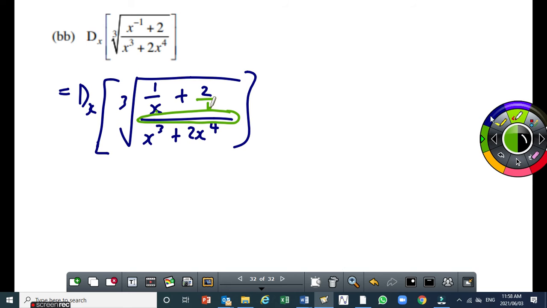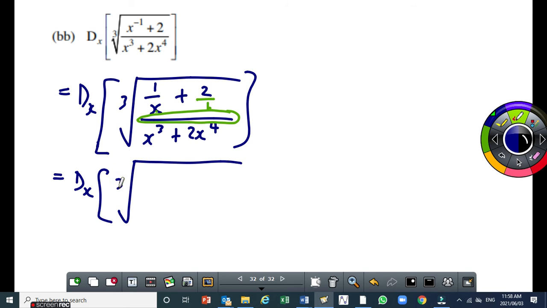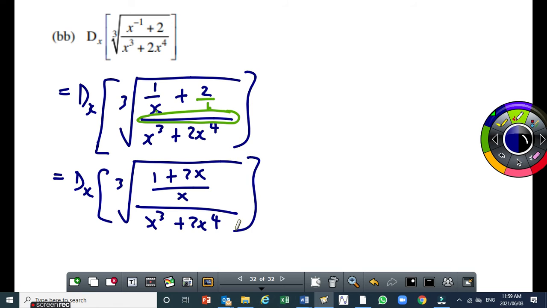If I do that, I will end up getting d of x of the cube root of 1 plus 2x over x, all over x cubed plus 2x to the power of 4. This is what I have here.